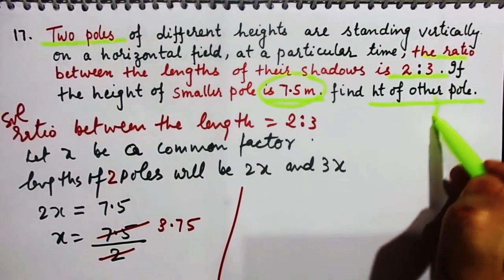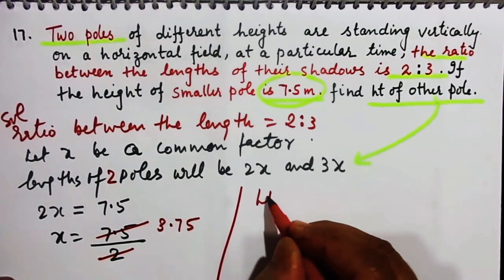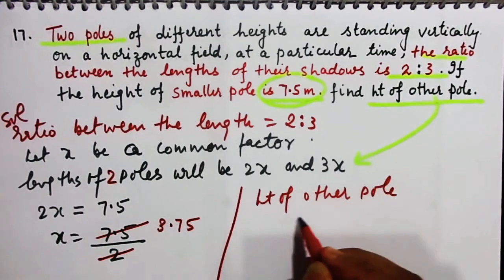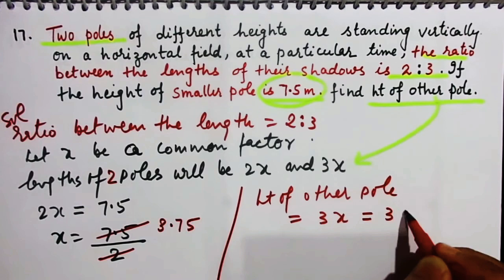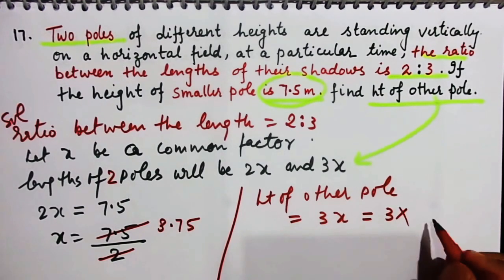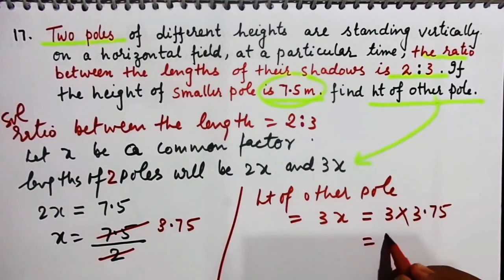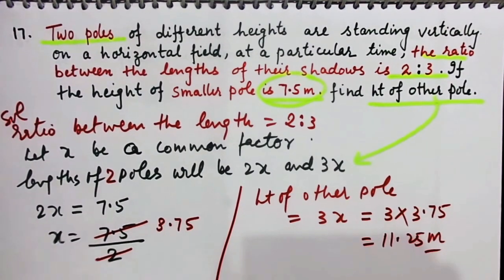Which is the other pole? The other pole is 3x. Therefore, height of the other pole is equal to 3x, which is 3 multiplied by 3.75, equal to 11.25 meter, isn't it?